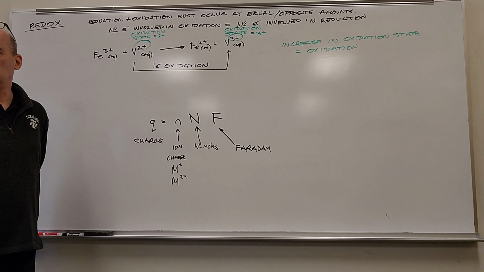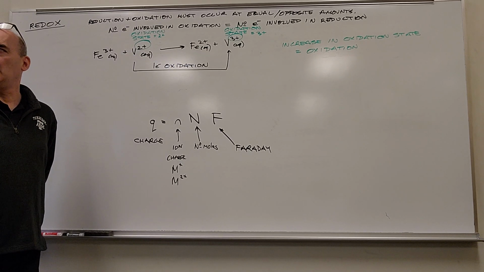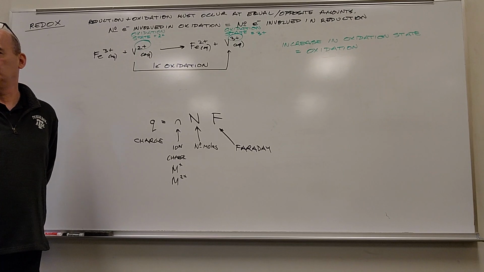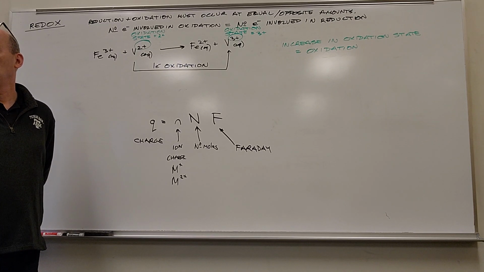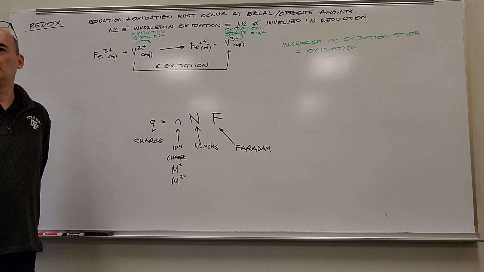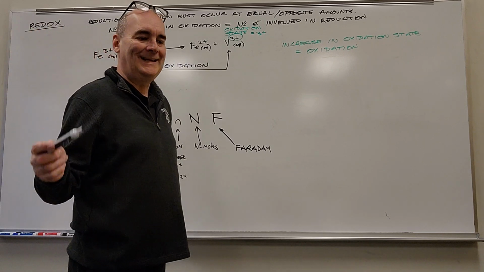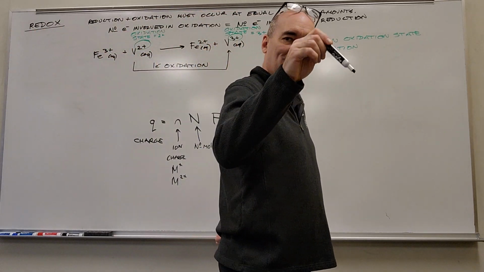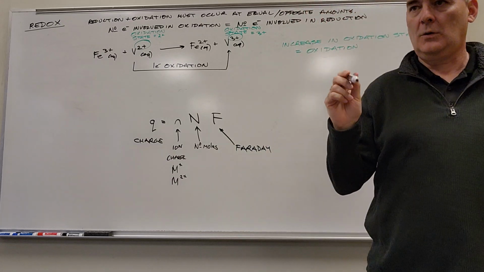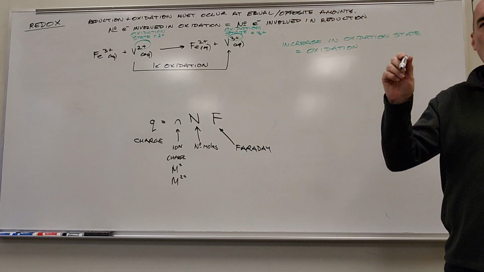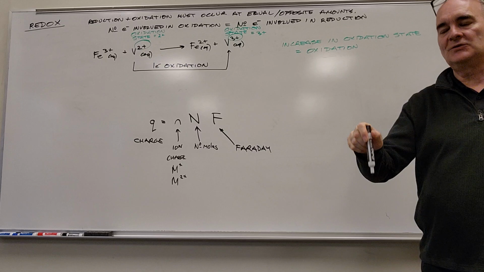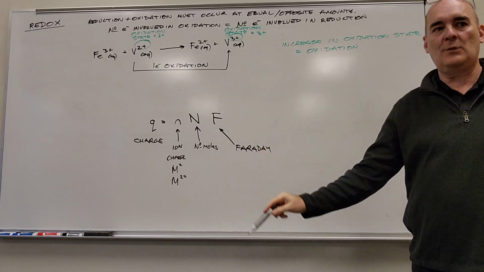The vanadium is being oxidized. What is it doing to the iron? It's reducing the iron. So you can look at it either as what is happening to this object, or you can look at what is this object doing to its surroundings.